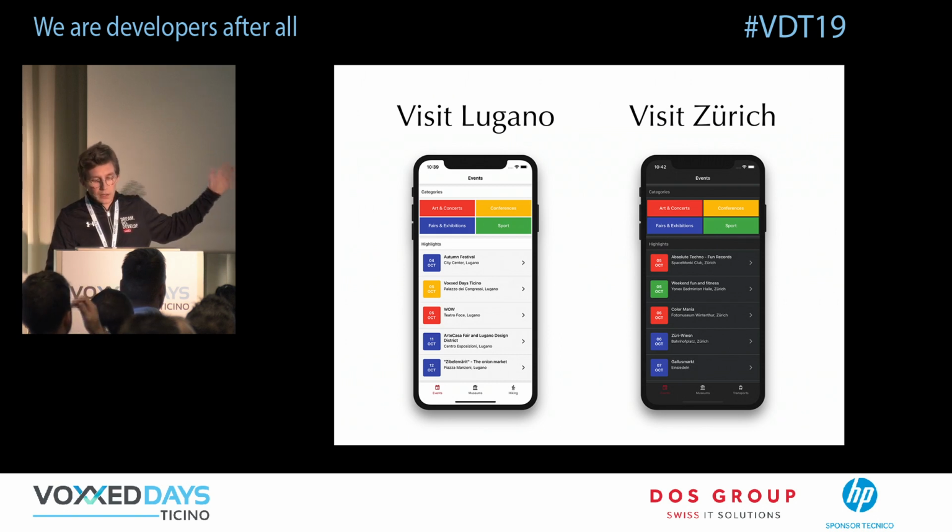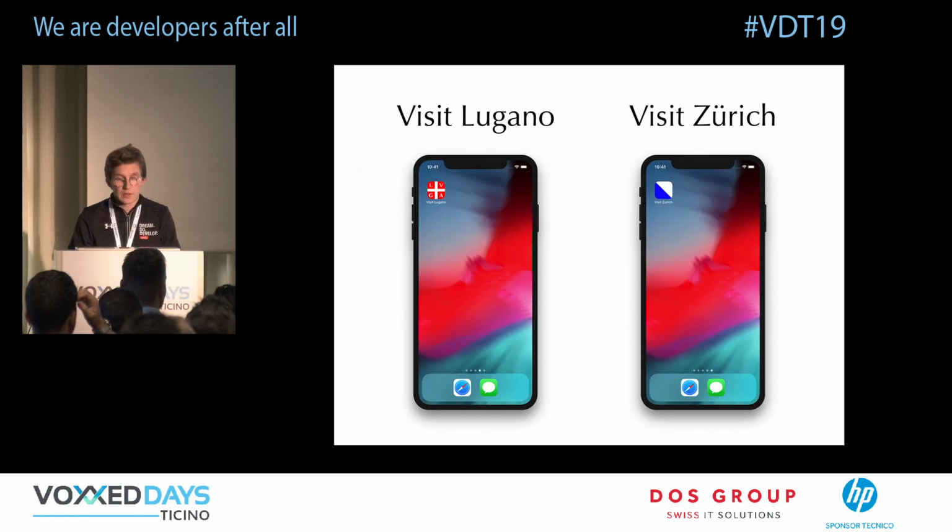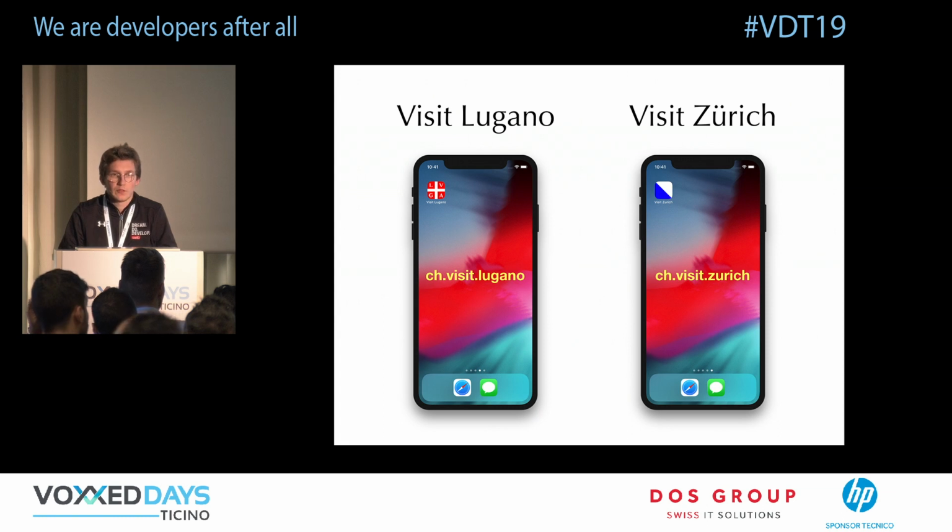In one application it is light, and in the other it is dark. And also, if you continue, we can see that both applications have different icons and also names that are displayed underneath the icon. And obviously, you cannot see it, but the applications also have different bundle identifiers, which are used to release applications on stores and guarantee that you can have both applications installed on one device, and so on.